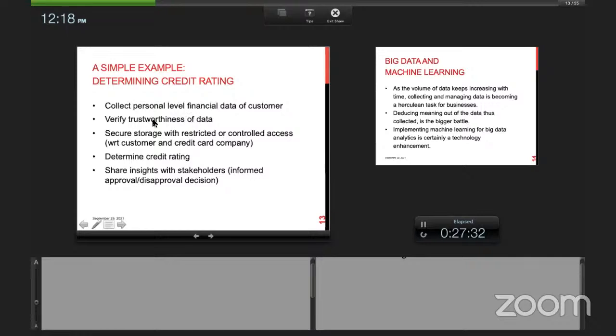That means whether you can have faith or you can believe in the customer and his data. Then here determine the credit rating. Since you are using different types of learning algorithms, there are other customers, so how close they are to this particular customer, so that you can determine the credit rating not purely based on the values of these attributes, but also taking into consideration some similar things, and then you share the insights.